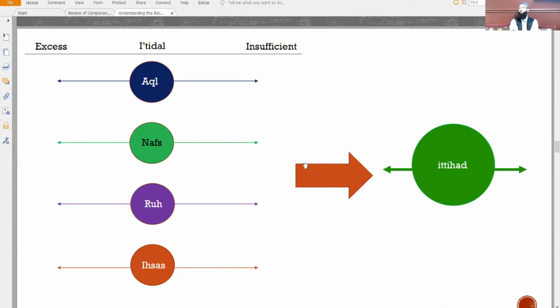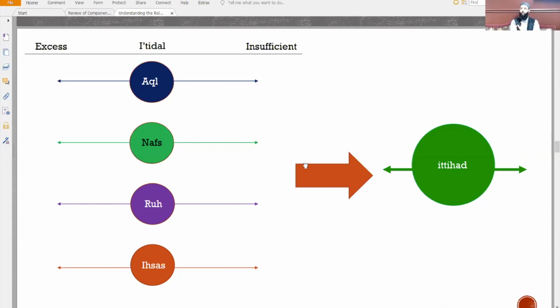You have a unity of purpose, and now you're functioning, of course, guided by our religious aims. We're ultimately trying to please Allah subhanahu wa ta'ala, but all aspects of our aql, nafs, ruh, ihsan come together to build a unity of being in our daily functioning, so that we're not having this internal discord or tension or conversation between different parts of ourselves.